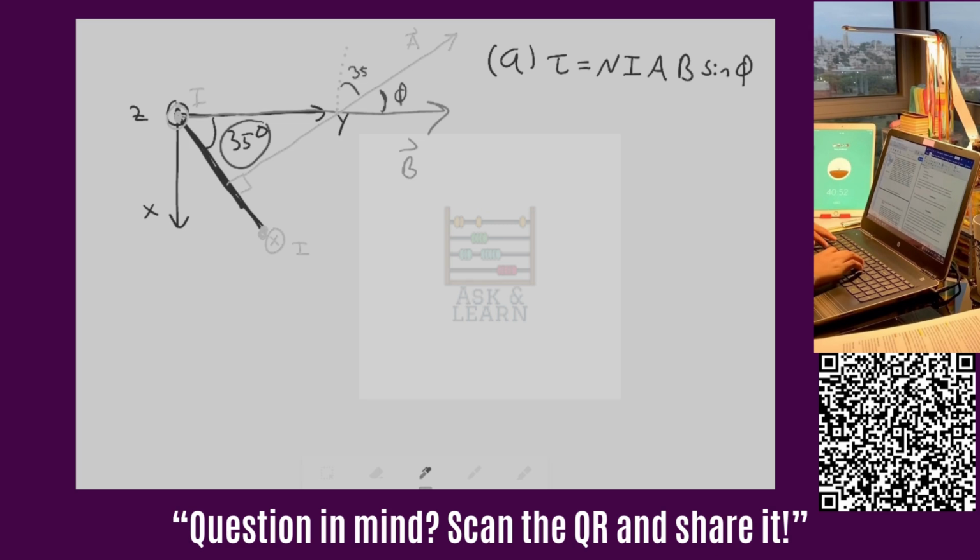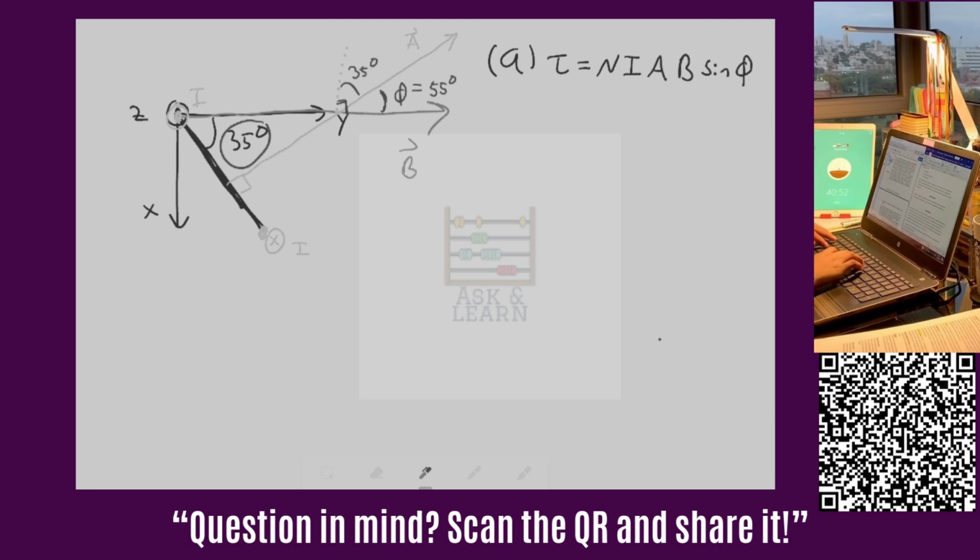So this ends up being 35 degrees, and that means the phi we need for our equation is 90 minus 35 degrees, because it has to make up the difference for the right angle. So this angle is 55 degrees. That's the angle between our area vector, the normal to our loop, and the direction of the magnetic field.